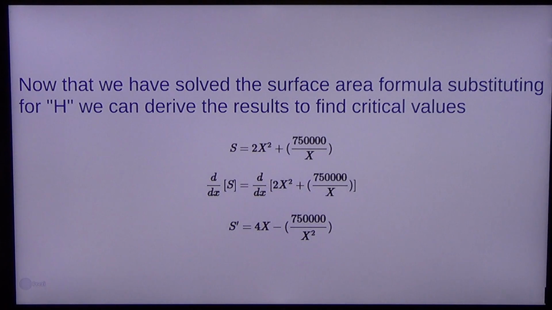Now to get the critical values, we actually have to derive that equation and then solve for x again, or 0 equals that, to find out what the values are. And since we already know how to derive earlier in this chapter, or this semester, we'll just go to the answer, which is the s prime, or the prime of the surface area, is 4x minus 750,000 over 2x squared.